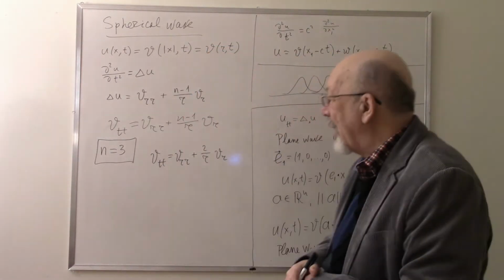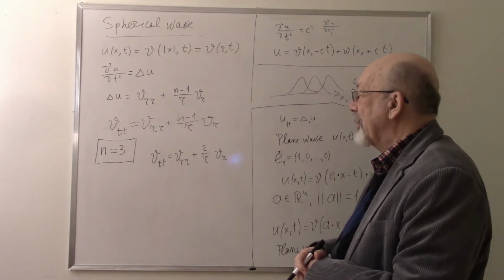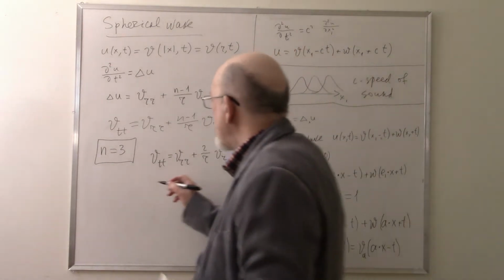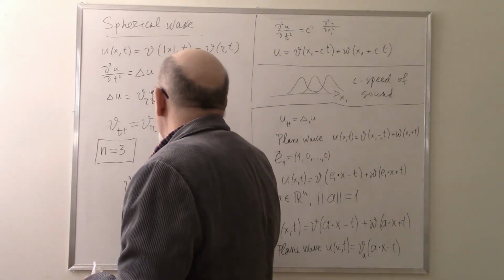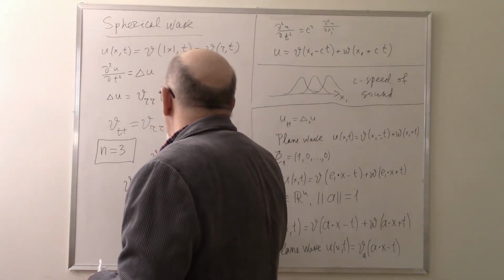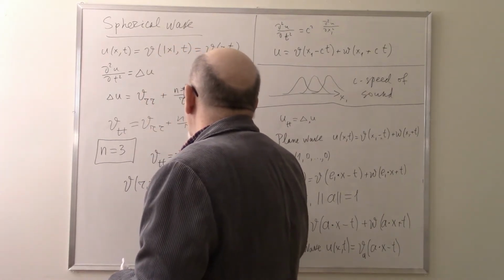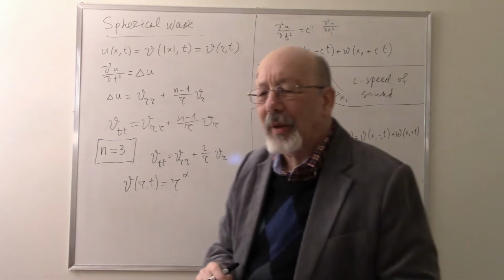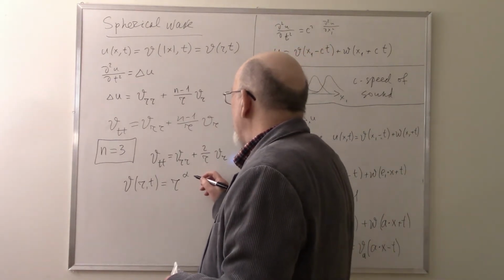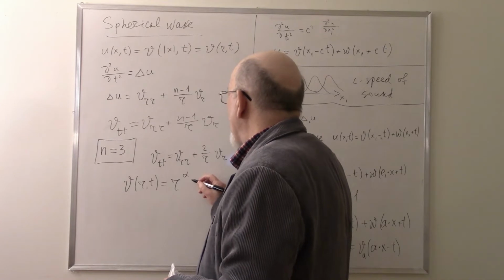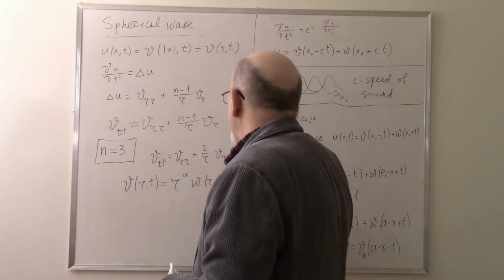And now I want to make a substitution: v of r,t equals r to some power alpha, which we should find, times w of r,t.